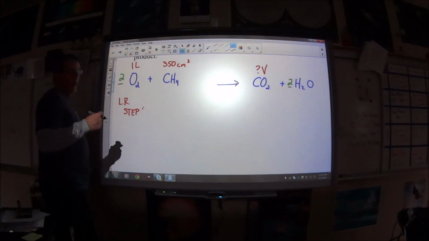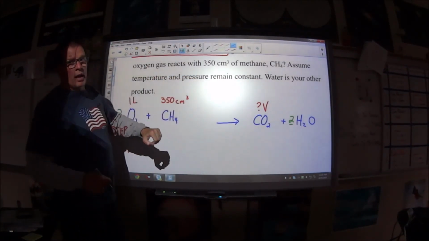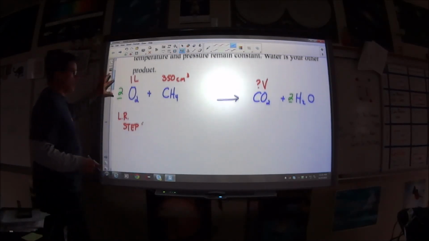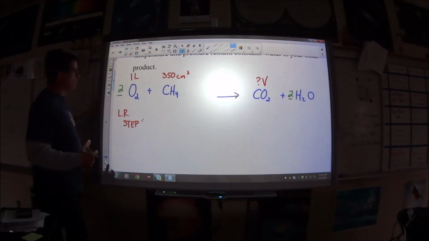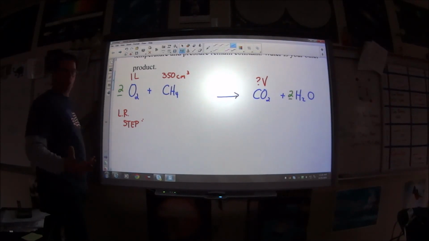Since it says that the temperature and pressure remain constant, I'm going to consider the situation at STP. To speed things up, if you need to do PV equals nRT, that's fine. I'll give you plenty of time on the test to do so. But for the sake of speed, I'm going to use the conversion.